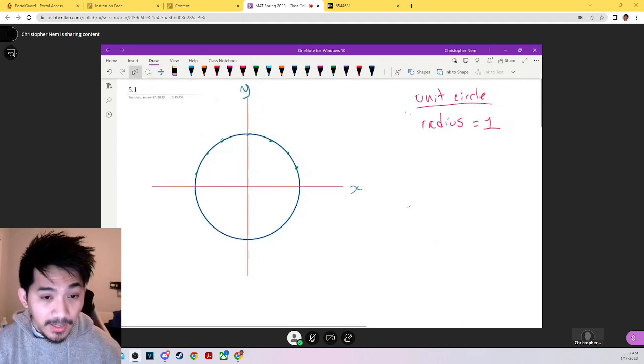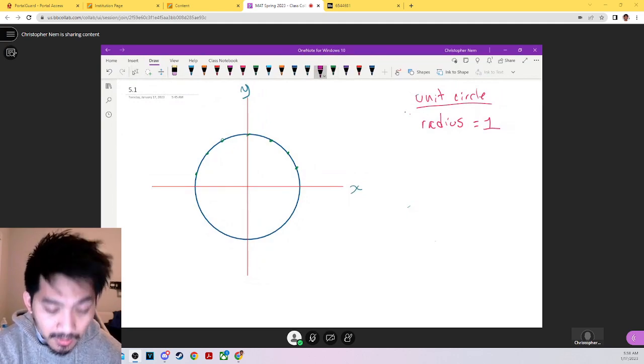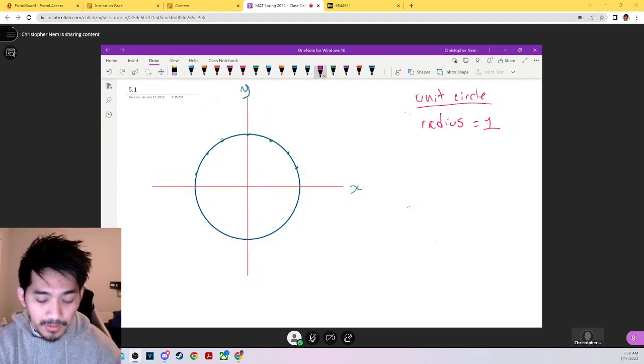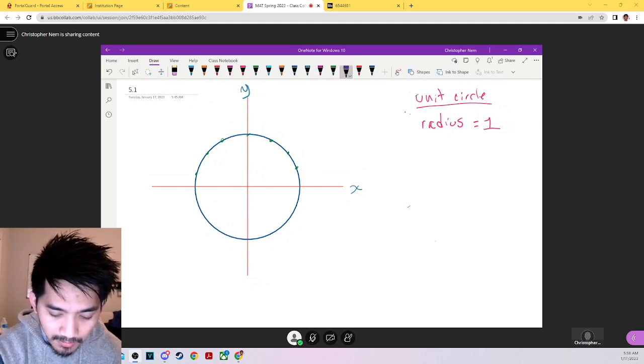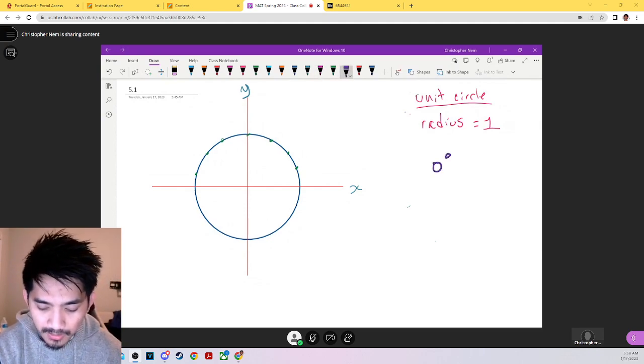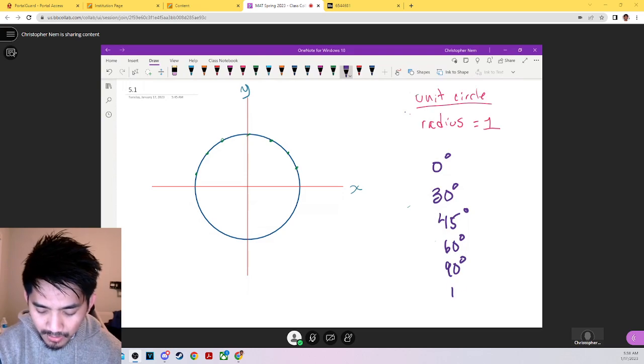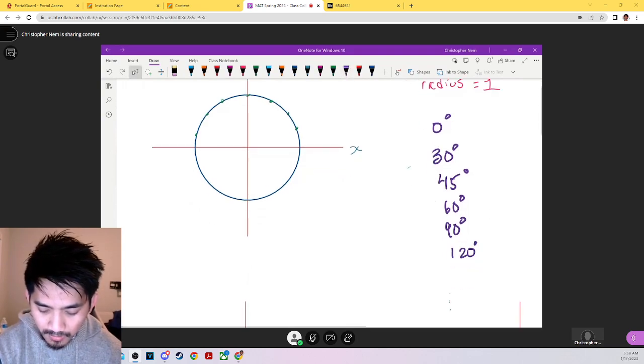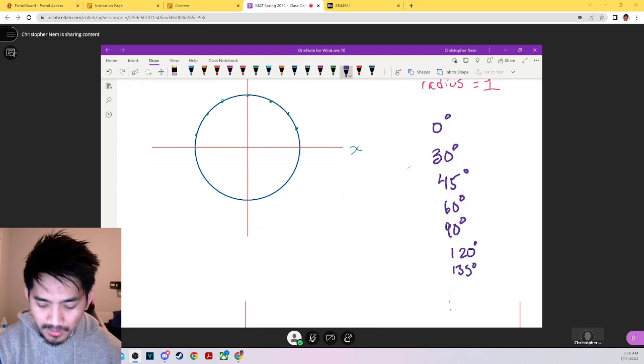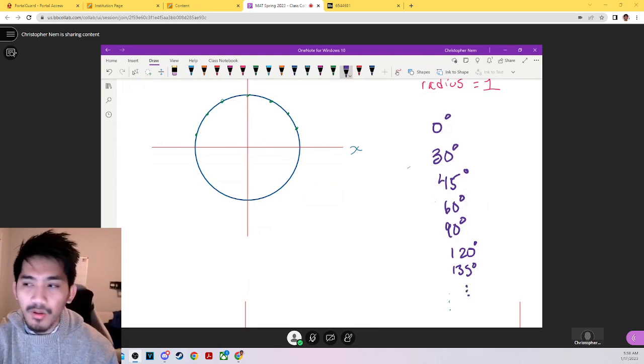So to calculate these points, first we need to know common angle measurements for our unit circles. The common ones that we need to figure out are going to be 0 degrees, 30 degrees, 45 degrees, 60 degrees, 90 degrees, 120 degrees, 135 degrees, and so forth, all the way to 360.